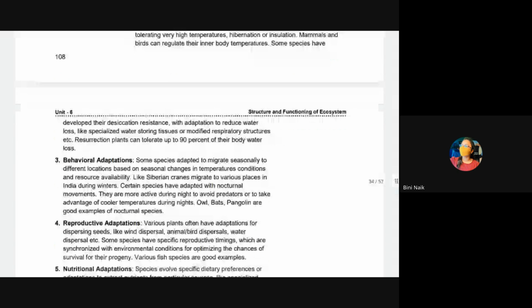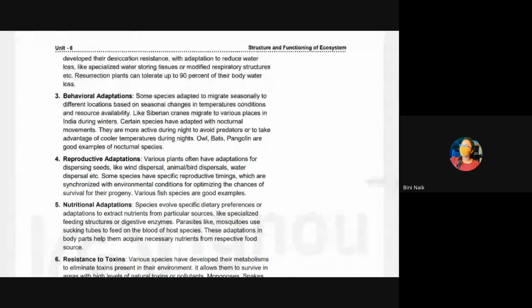And what are the behavioral adaptations? Behavioral adaptations basically include migration, animal migration. So that is behavioral adaptation. Why? Because to adapt to the environmental conditions, some birds cannot tolerate high temperature conditions.